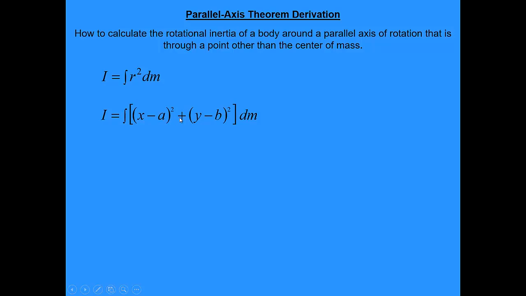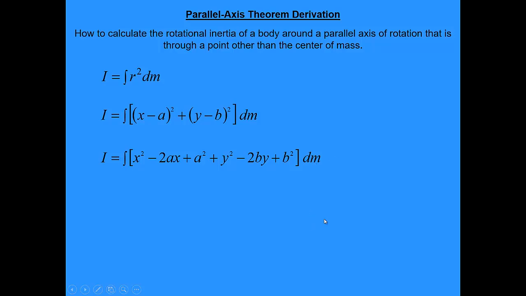Well, next step, we're going to square both of these. That's what we get. The integral of the quantity x squared minus 2ax plus a squared plus y squared minus 2by plus b squared, all with respect to mass.